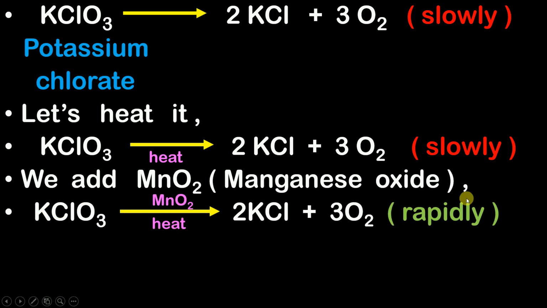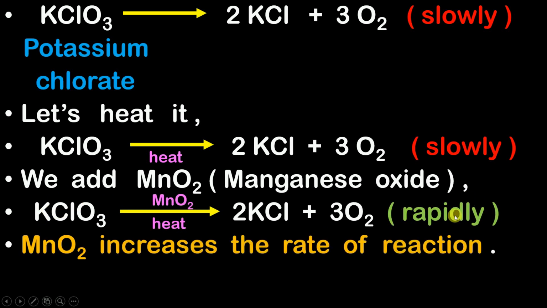So guys, can I say that MnO2 increases the rate of the reaction? Now what is the meaning of rate of the reaction? Rate of the reaction tells us how quickly the reactants get converted into products.